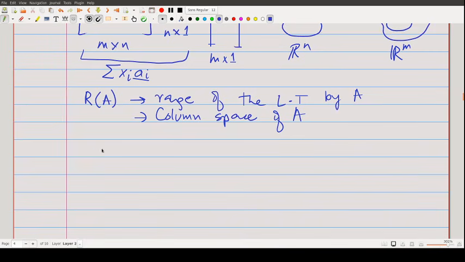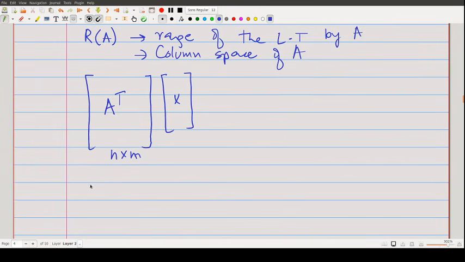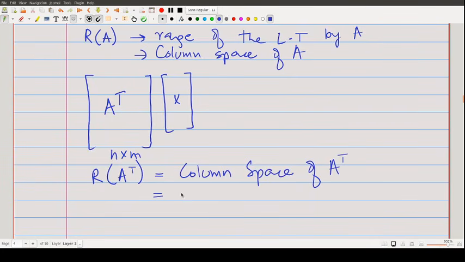Okay. And now consider something different. What if I transpose this matrix? If A was an m by n matrix, then A transpose is an n by m matrix. And so I can define, again similarly, the range of A transpose. The range of A transpose is of course the column space of A transpose, but we know that this is essentially the same as the row space of the original matrix.